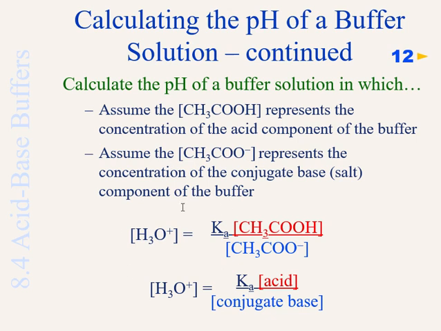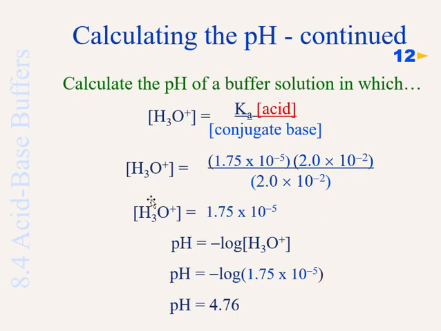Again, in a buffer condition, to find the pH that we want to know, we first find the H3O+ concentration, which equals Ka times the acid over the conjugate base. Whether it's a different acid and a different base, it does not matter, as long as we know the concentrations of the acid and its conjugate base and the Ka value, we can find the H3O+ concentration, and then take the negative log of that to find the pH.